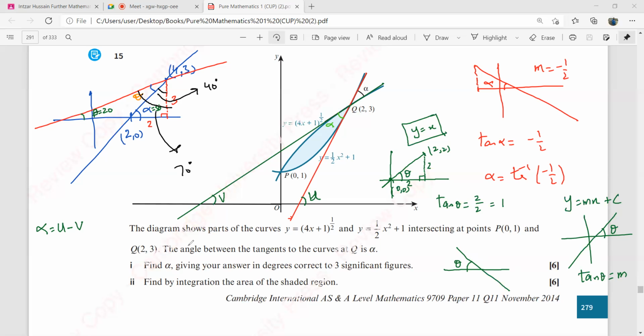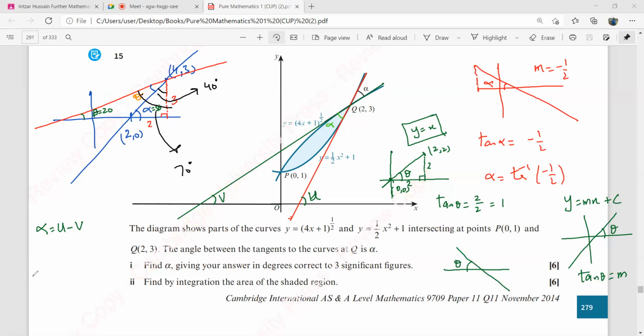Secondly, this problem of finding the angle between a line and the axis, or the angle between two lines, is mostly asked in calculus, in differentiation. We also learn in differentiation that dy by dx gives us the gradient of a tangent.